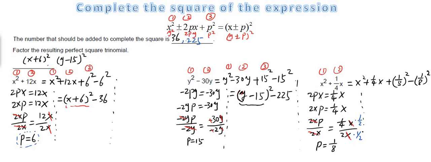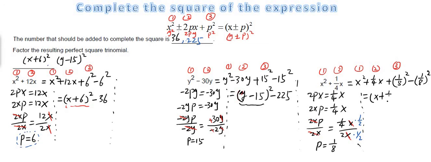Now we have 3 terms, and we know p is 1/8.